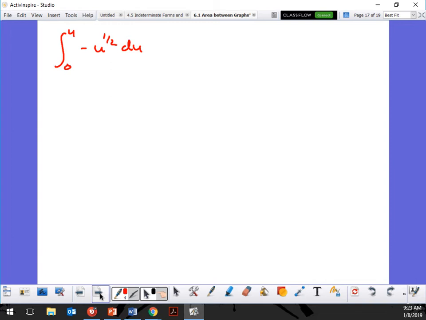So this is going to give me negative u to the 3/2, and so the reciprocal of that, because you're going to divide by 3 over 2. So it becomes 2 over 3 here. And that's from 0 to 4.